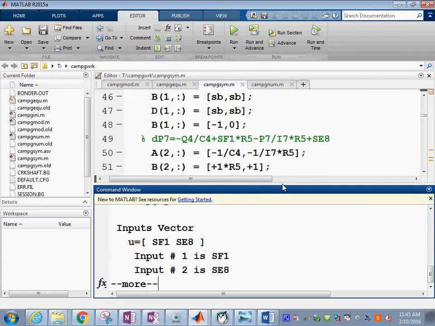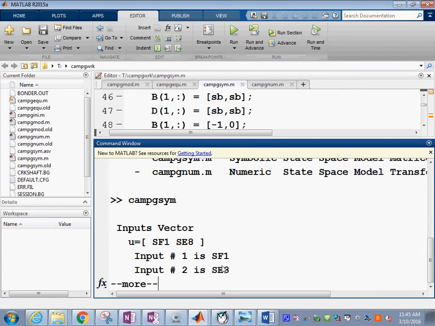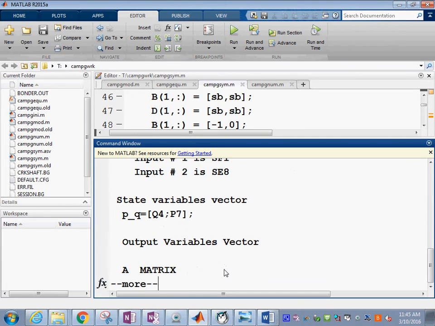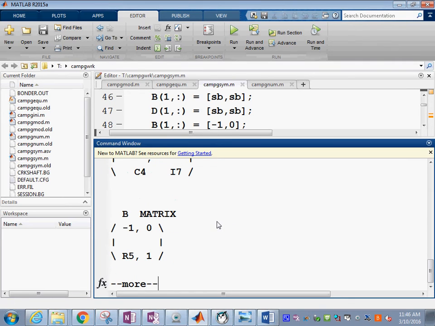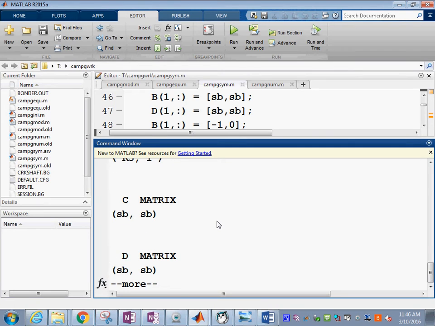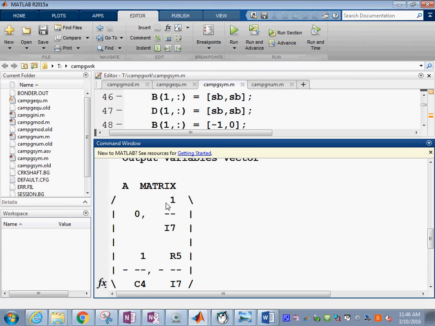And then it will go to the B, which will be on this side. So let's take a look in here. Do you see the B matrix right here? It's exactly the same one as we have in here. SF8 is a 1, not the SE8. I had a little mistake in there, but minus 1, 0, R, and 1.